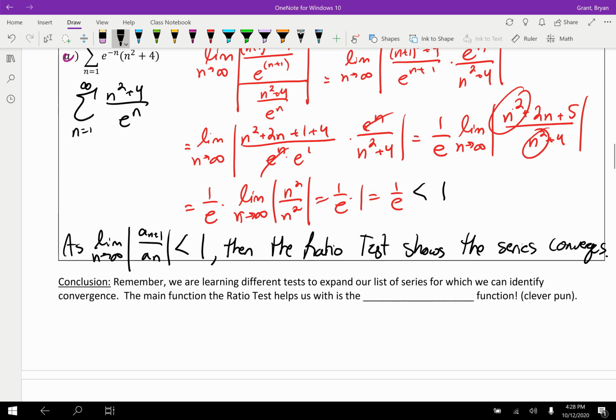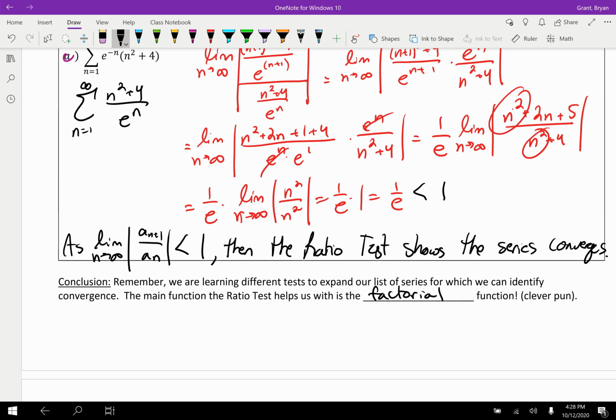Now, please remember that we are learning these different tests to expand our list of series for which we can identify convergence, right? The main function that the ratio test helps us with is actually, well, I even gave you this clever pun at the end. It's actually the factorial function. It gives us a really nice way to determine if things with factorials converge or diverge.